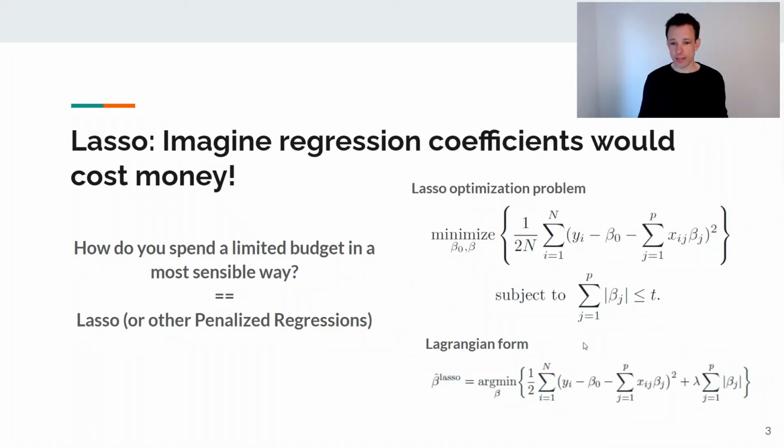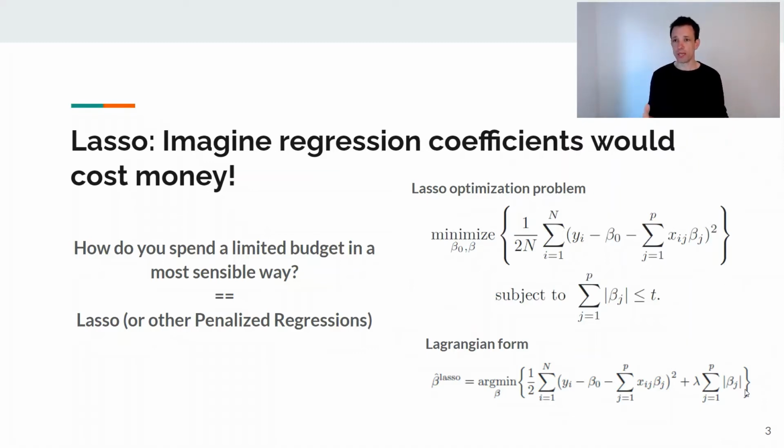So that reads then as such here. The LASSO estimates, beta hat LASSO, are those betas that minimize this expression, and that is simply again our sum of squared residuals formulation plus this added penalty term, which is simply the sum of absolute values of your coefficients times your penalization parameter lambda.